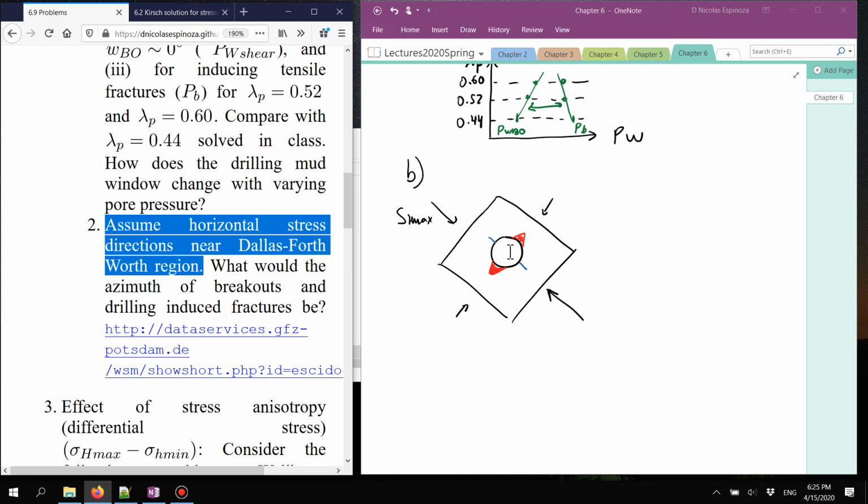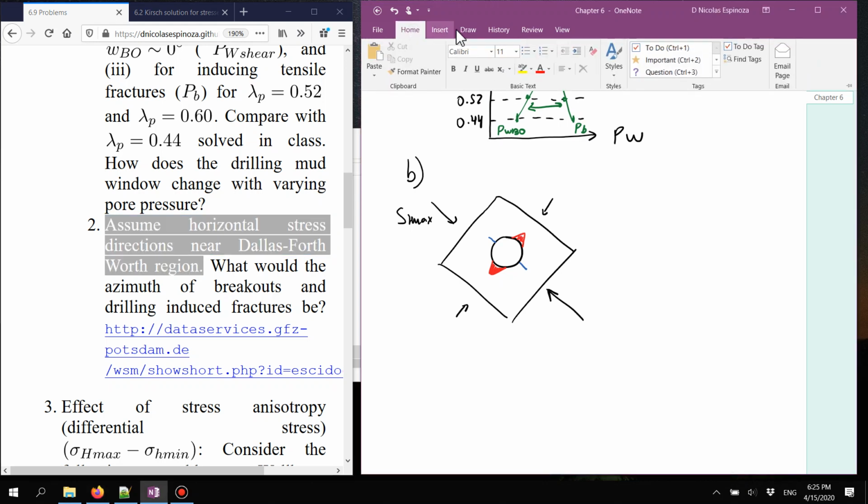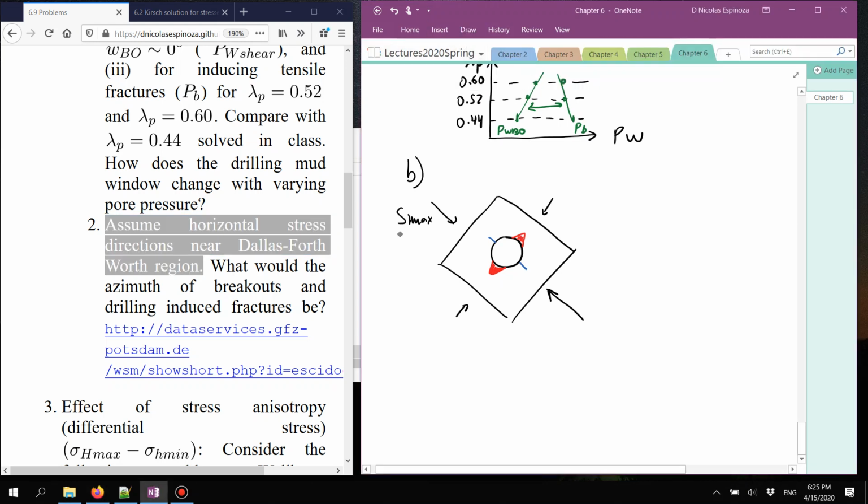If you drill a wellbore and you run a formation imager through that, you could later, knowing the orientation of the breakouts and drill-induced tensile fractures, tell what the orientation of your stresses is. And remember, that's very important because, for example, for hydraulic fracturing, we want to determine the direction of the minimum principal stress.